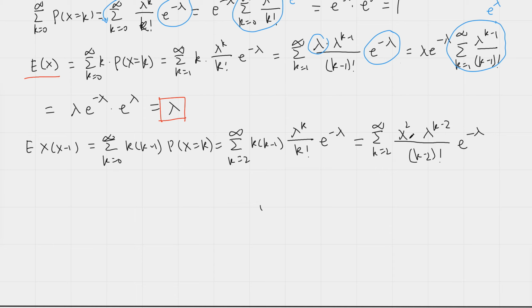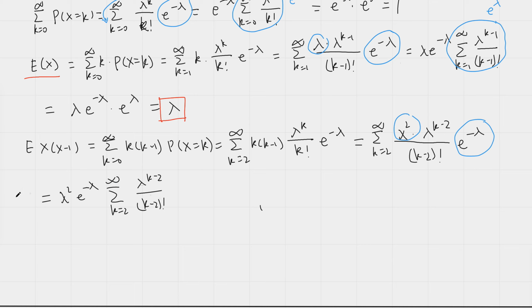Okay, so now again, we're going to move this lambda squared and e to the negative lambda outside of the summation. So this is equal to lambda squared times e to the negative lambda times the summation from k equals 2 to infinity of lambda to the k minus 2 divided by (k minus 2) factorial.